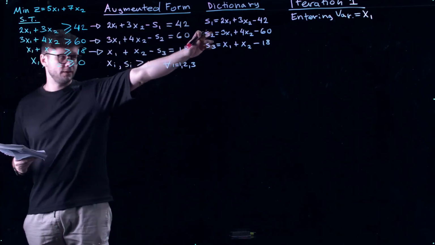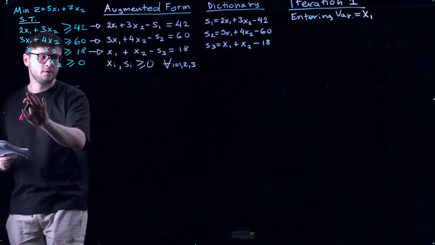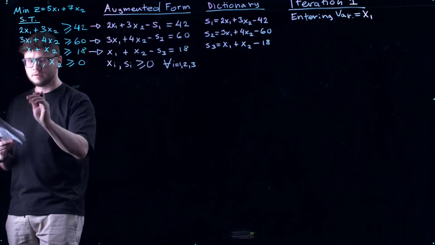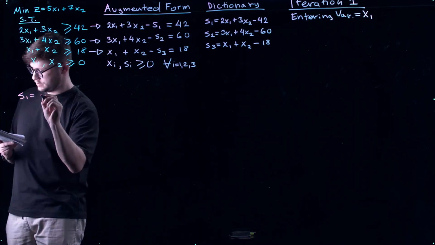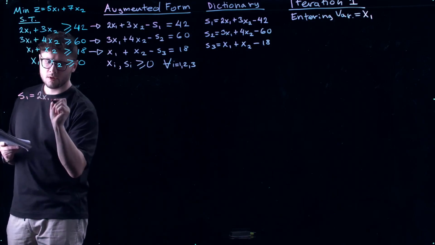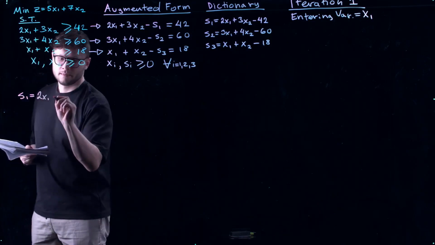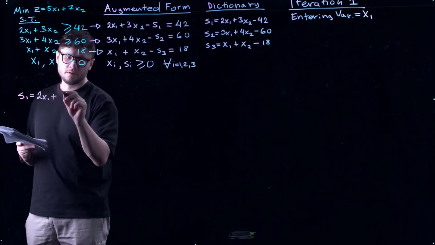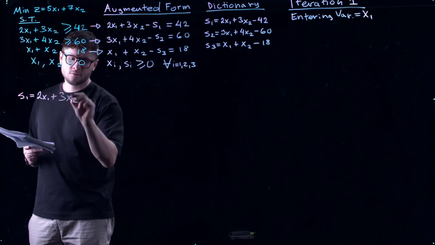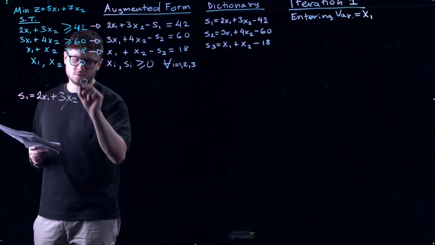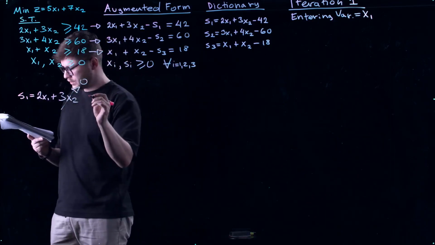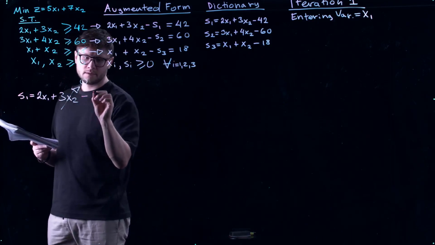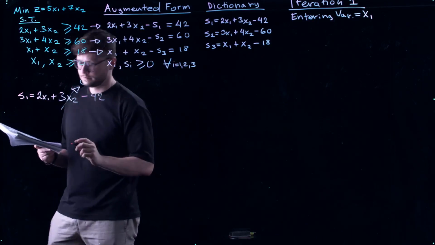This is still in iteration 1. So we will have that S1 is going to equal 2x1 plus 3x2, which goes to 0 because 3 times 0 equals 0, minus 42.